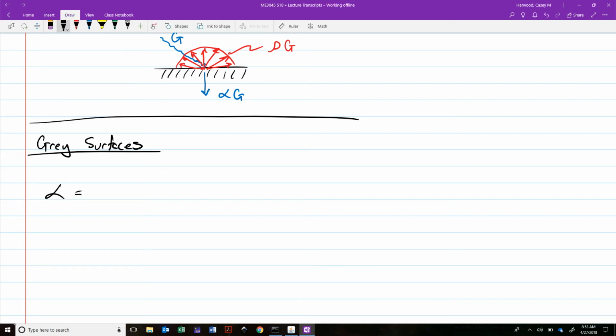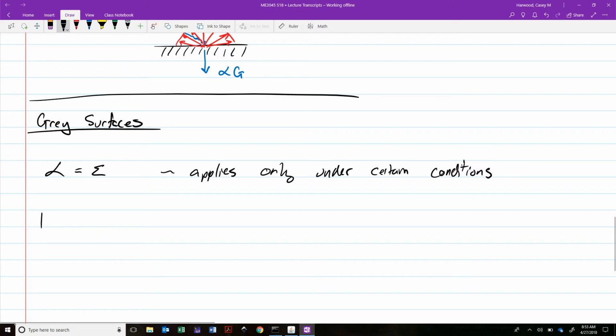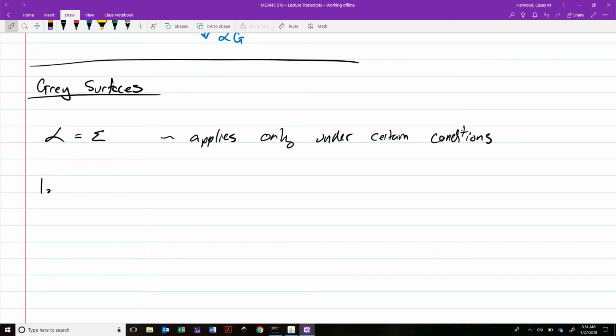Okay, alpha equals epsilon applies only under certain conditions. And there's a whole section of the book dedicated to deriving what's known as Kirchhoff's law, and from that going into gray surfaces. We're going to skip that because most of it is sort of just going to show what isn't useful.